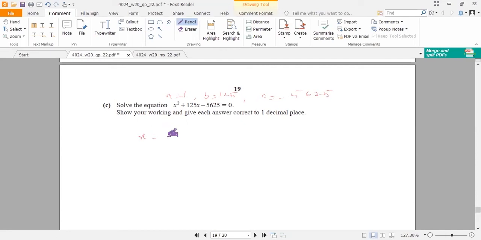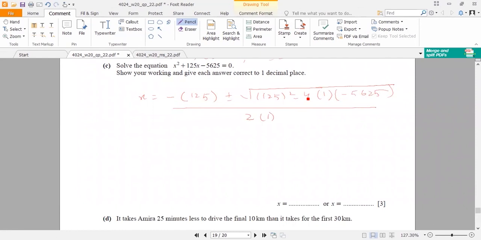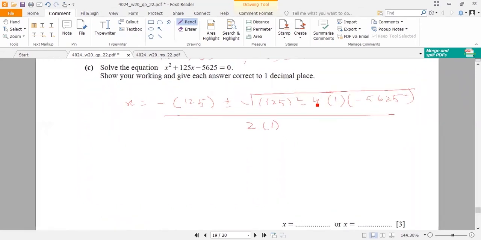So x will be minus b, minus 125, plus or minus the root of b squared, 125 squared, minus 4 times a, which is 1, and c, which is minus 5625, divided by 2a. So x equals minus 125 plus or minus, after solving the root, we will get the answer.